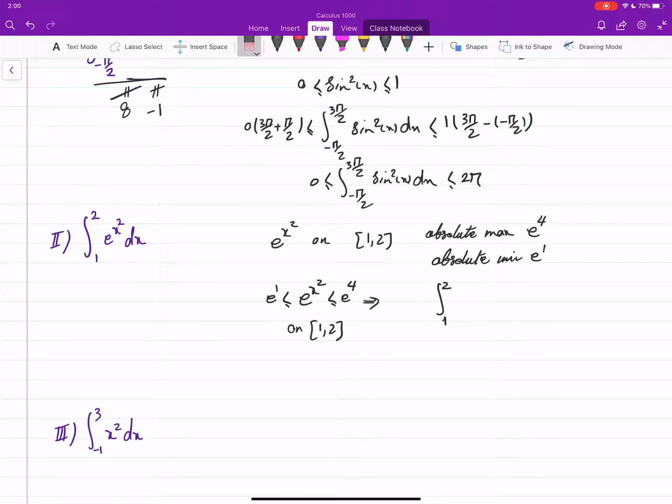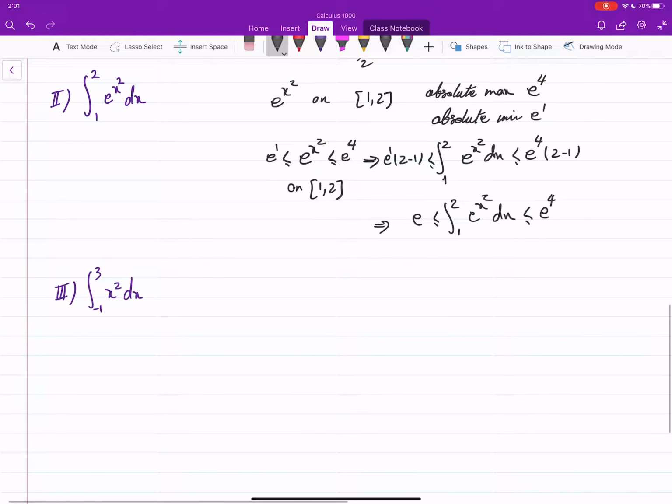Then the integral of e to the power x squared dx is going to be between e to the power 4 times 2 minus 1, and e to the power 1 times 2 minus 1. From this, we know that the value of the integral from 1 to 2 is a number between e and e to the power 4.